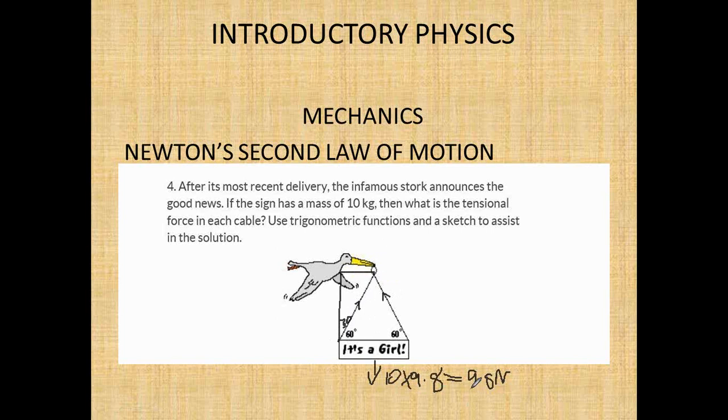We know that the vertical component of this tensional force is half of this, because you have two vertical components, and the two vertical components are going to pull the weight upwards. So each vertical component is half of this, so this vertical component is 49 newtons.